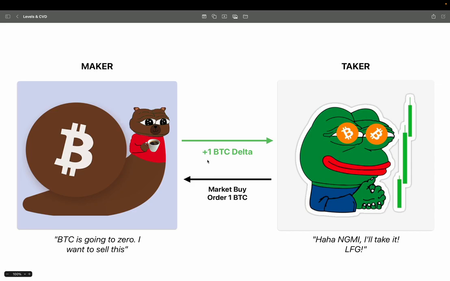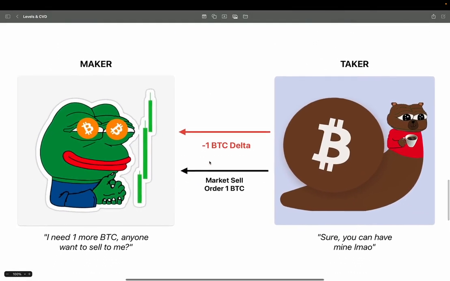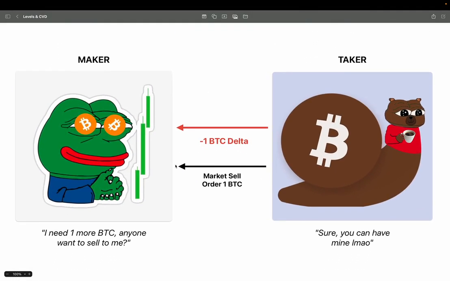Now, imagine somebody wants to buy 1 Bitcoin. So in this sense, Pepe is waiting to buy. He needs 1 more Bitcoin, and he's advertising, saying, will anyone sell it to me? So he's the maker now. If you imagine someone wanting to buy 1 Bitcoin, then whoever comes in and says, okay, I'll sell that to you, will create a negative 1 BTC on the delta, because the taker, the person who's aggressive, was selling a Bitcoin, making it drop, making the delta go down.